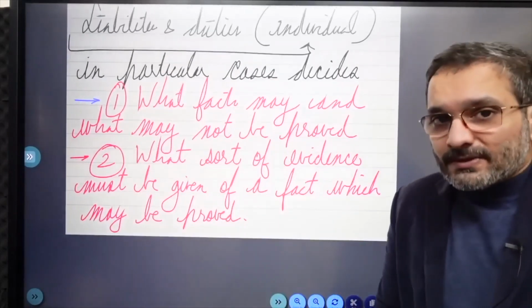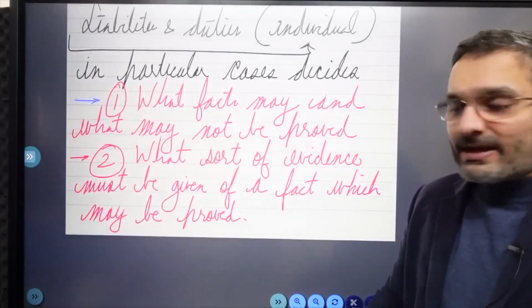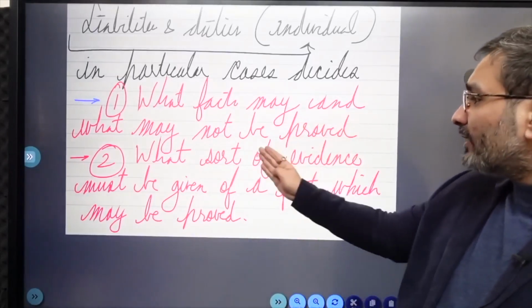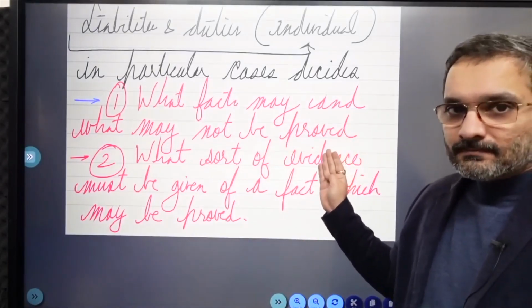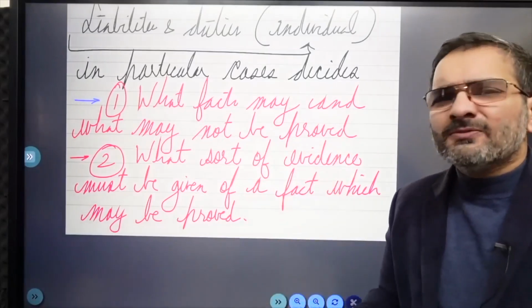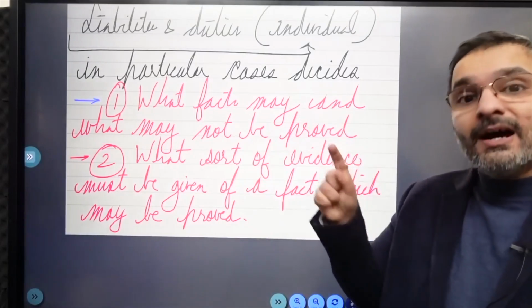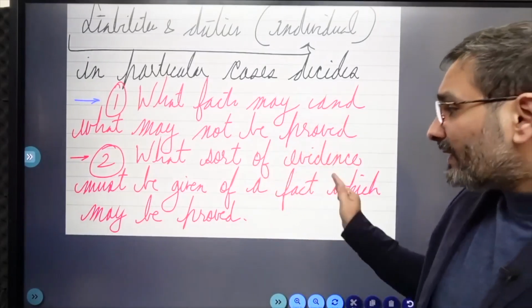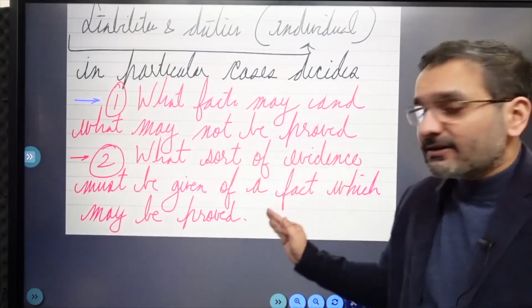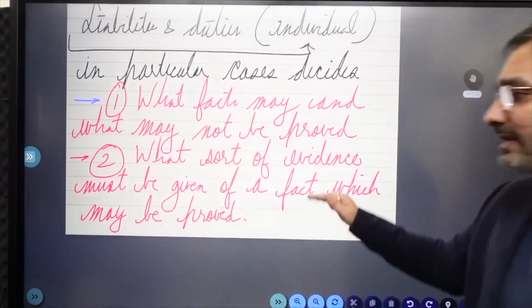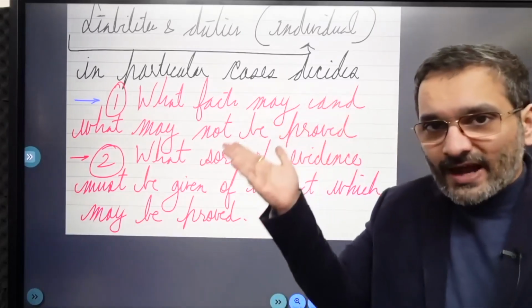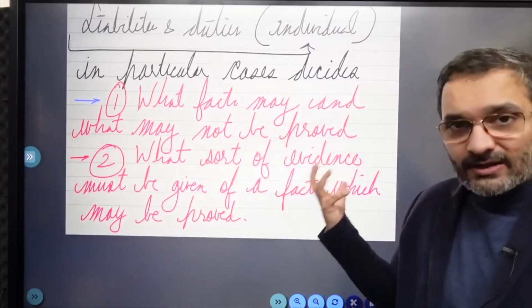So now what is the purpose of the Evidence Act? In formal language, what facts may and what may not be proved. Like remote wala, it need not be proved, right? What facts may have to be proved, कि वो वहाँ था ऐसे. What sort of evidence must be given of a fact which may be proved. So firstly we'll classify facts. अब facts क्या क्या होते हैं अभी जरा आते हैं.